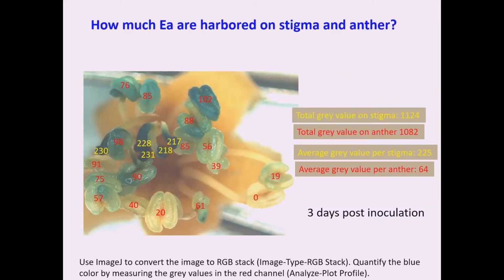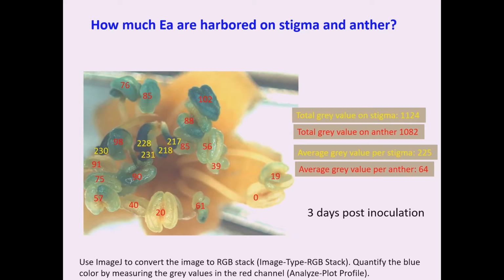So we further quantified how much of the Erwinia amylovora, the fire blight pathogen, is harbored on stigma and on the anther. We used the ImageJ software to detect how much blue color is present on those two structures.